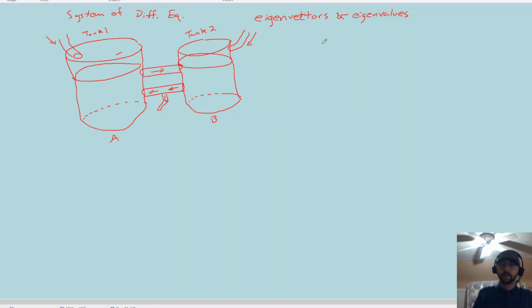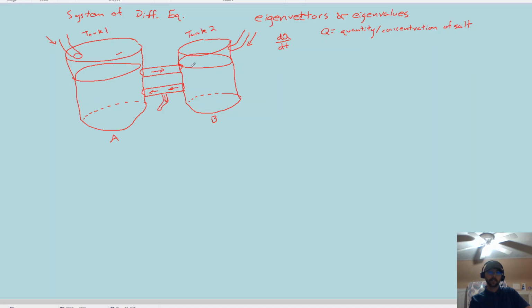We're going to say that Q of A equals quantity, or concentration, of salt, and Q of A would be the quantity in A, Q of B would be the quantity in B. Then the derivative of the quantity with respect to time is going to be the rate of change of the concentration over time. And again, it'll be with respect to A or with respect to B.